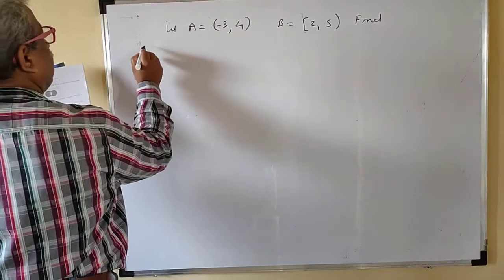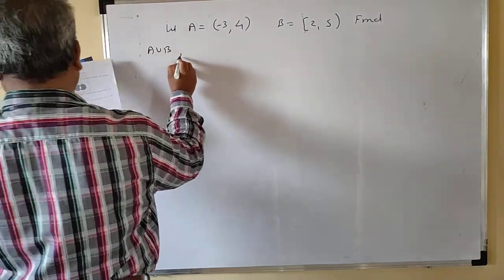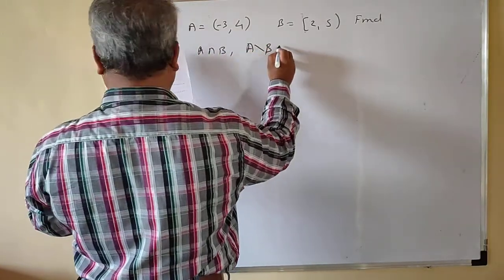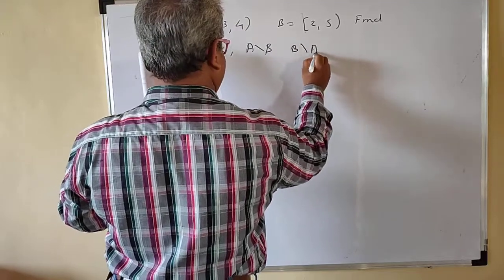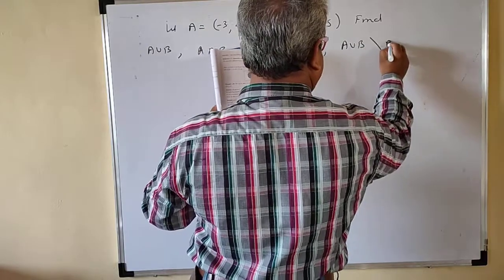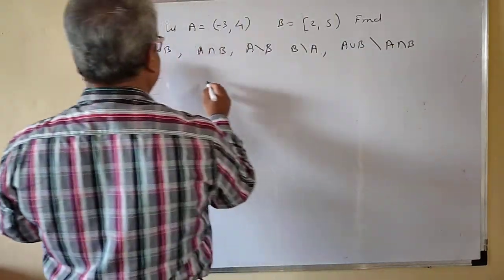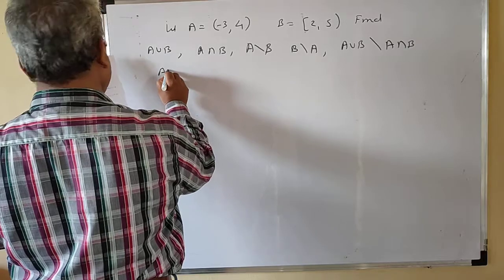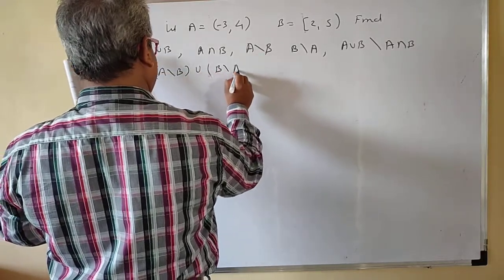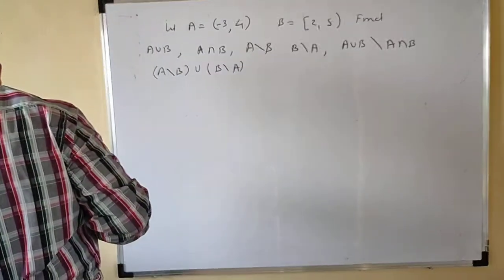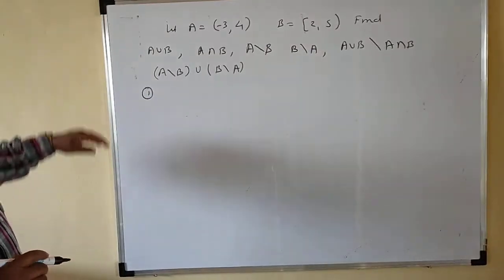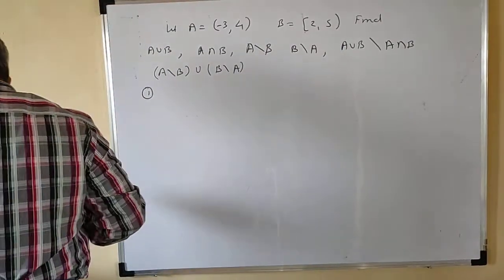Find A union B, A intersection B, A minus B, B minus A, and A union B minus A intersection B, that is, the symmetric difference of A and B. Okay, so we'll find them one by one. Now the solution.